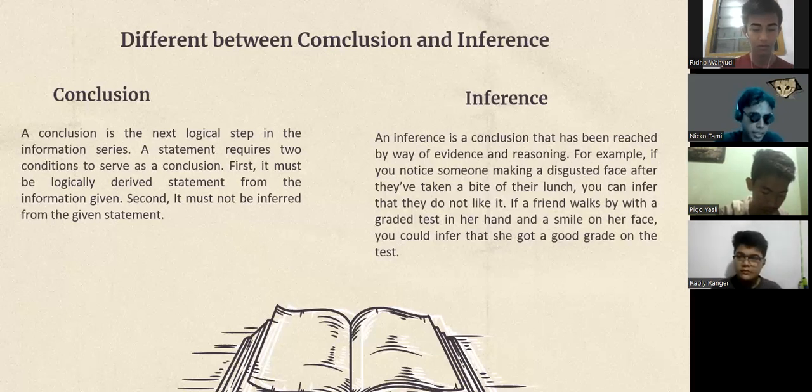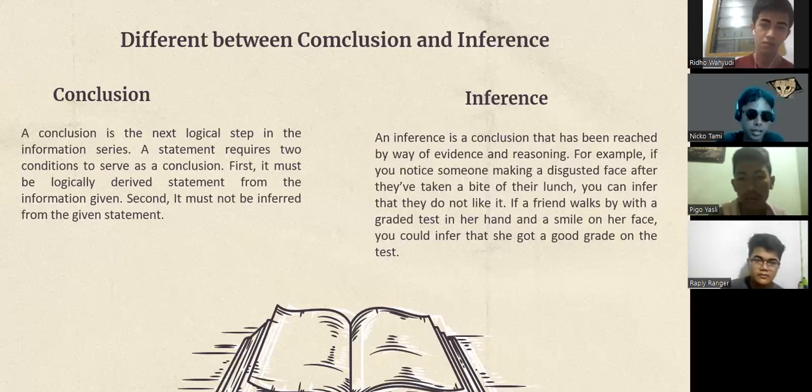So the idea is inference requires previous knowledge, and we try to compare it when we read the text. By that, we are able to compile the information from our previous knowledge and the text, and then we can make the conclusion.